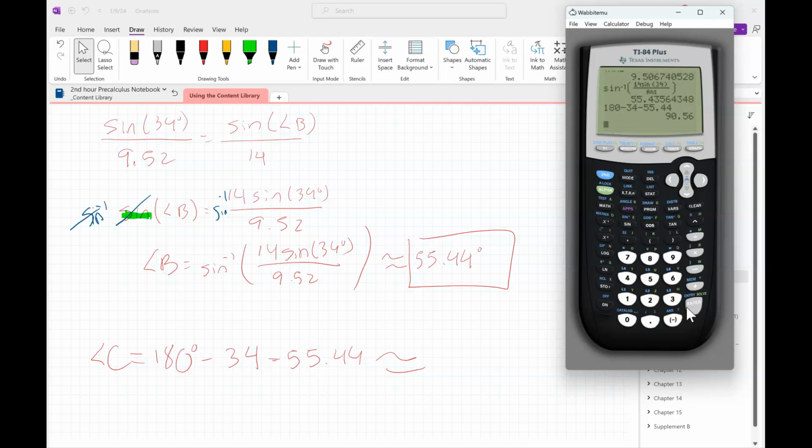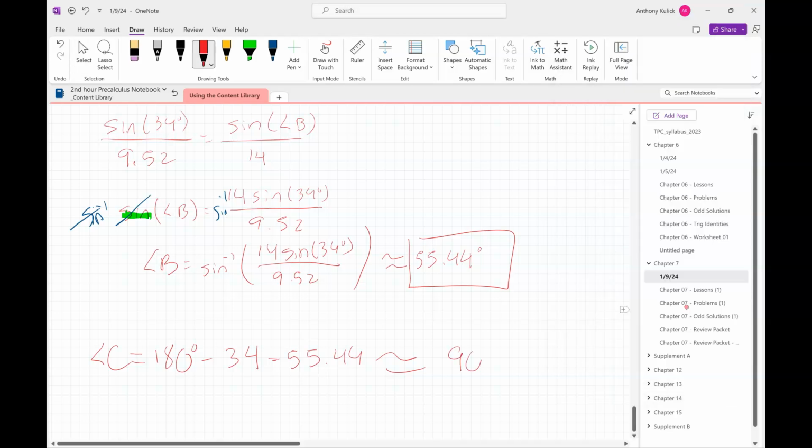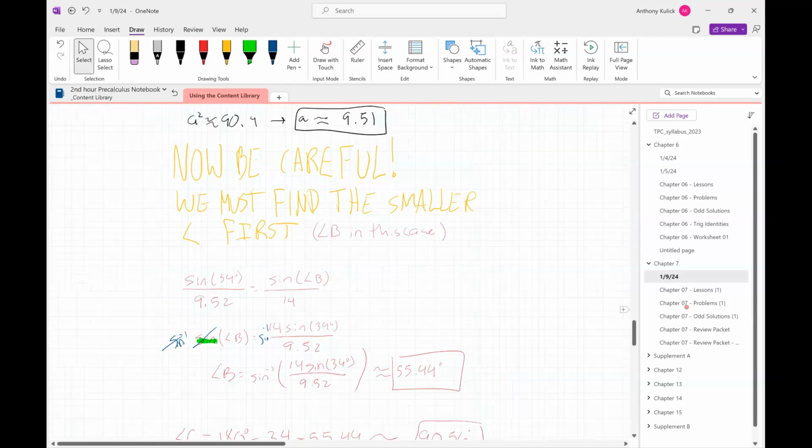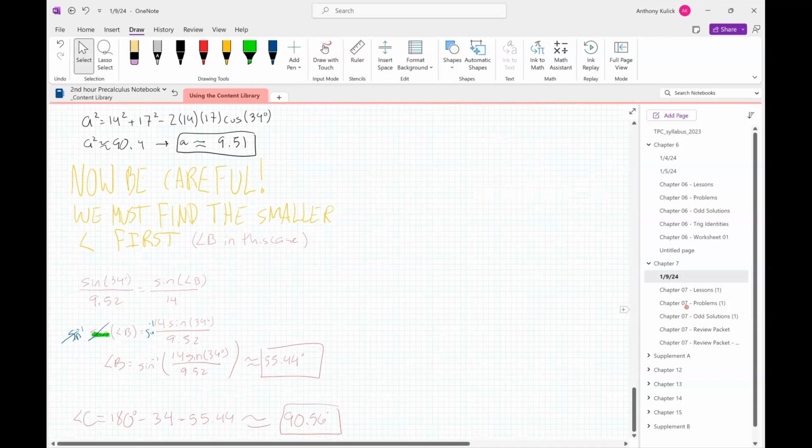So we get 90.56. You guys feel okay? Okay. Again, the big takeaway here is the law of cosines. We have to be careful when we're finding these angles.